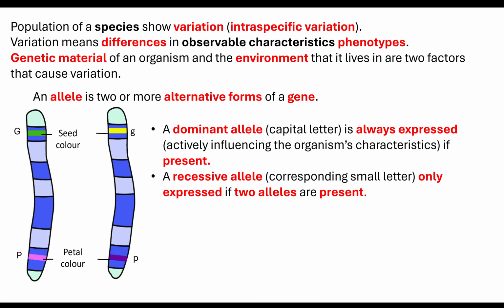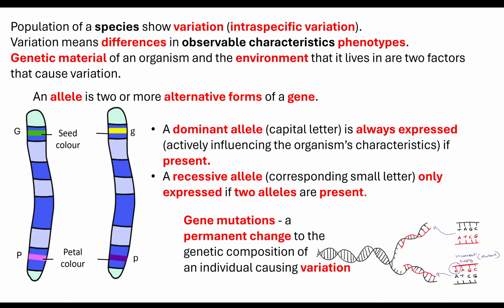Now, do be aware that with my petal color, I have pink and purple. Well, both of them start with P. So I have to take more care when I'm looking at what the recessive trait or the dominant trait will actually be.